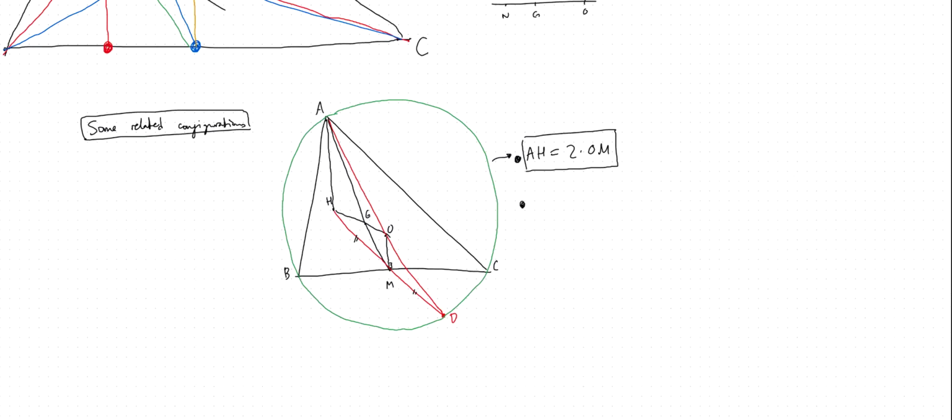Let D be opposite A on the circumcircle. Then the midpoint of HD is the midpoint of BC.